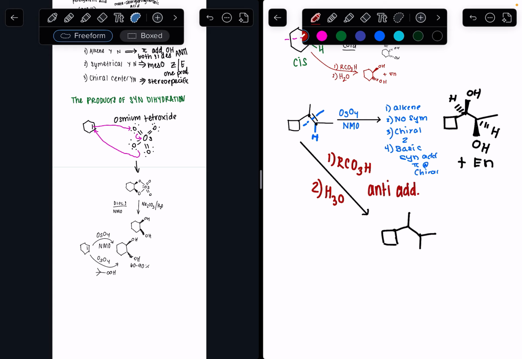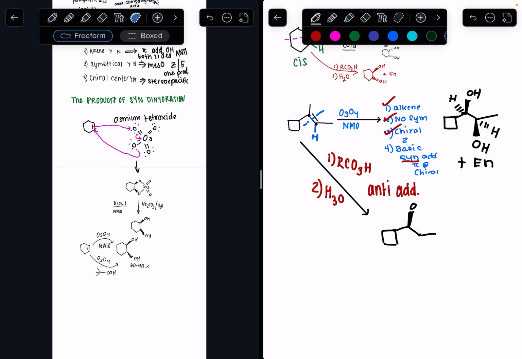Was there anything special about this? No, it's all the same, right? So you have an alkene. Instead of rewriting it, I'm just going to check. There's still two chiral centers. This is the only difference. So anti-addition is going to look like what? Right?